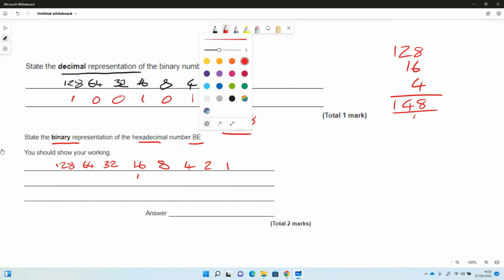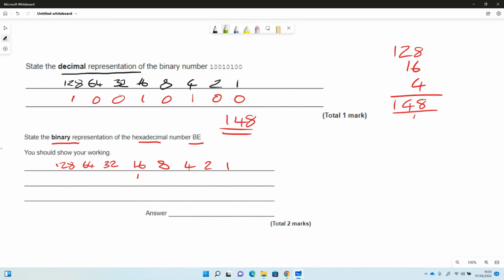I was supposed to go to a different color, we didn't. There we go, we want a bit of green. So 1, 2, 4, 8 are our imaginary positions for our hexadecimal numbers.